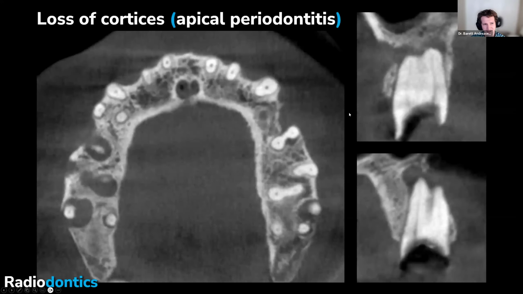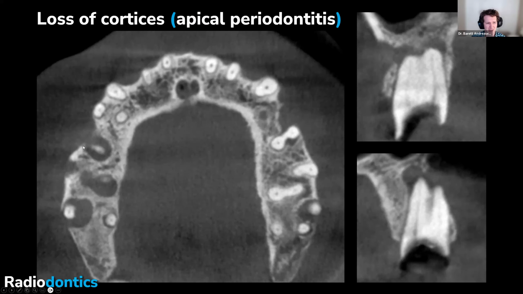Now, there are other conditions that are going to change the cortex. Obviously, the thing that we're most familiar with is apical periodontitis, or just plain old good infection here. So whenever we have infection associated with the roots of teeth, we can see some perforation of the cortices. This is where you get those little fistulas or sinus tracts.